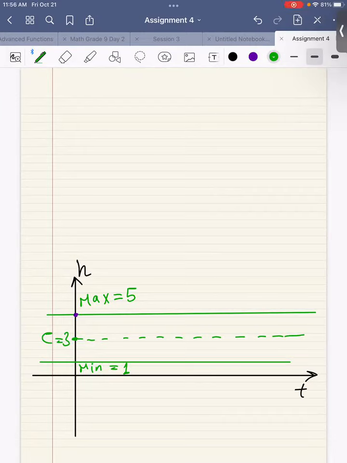So at T equal to 0, it's at its maximum. So imagine this is the height. The thing I'm plotting is the height of the swing. It's not the swing itself. So it goes and reaches its minimum.